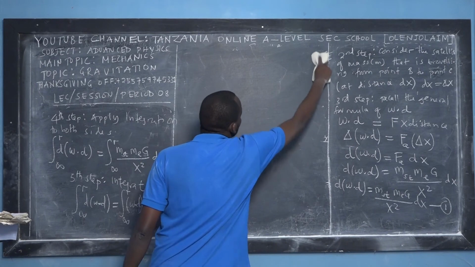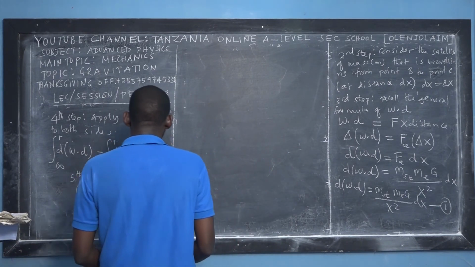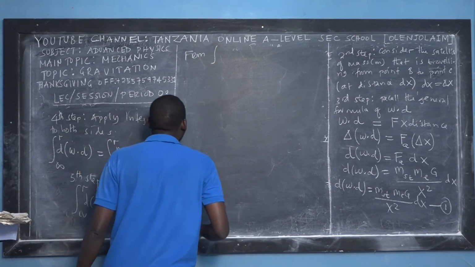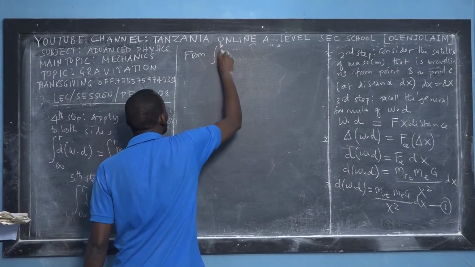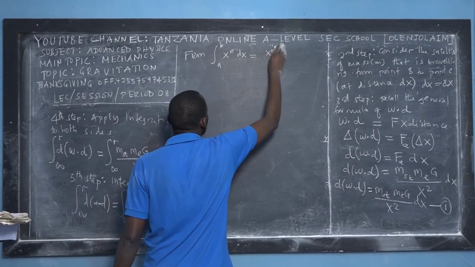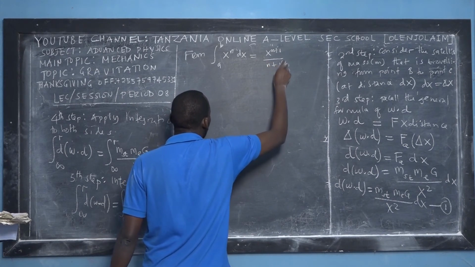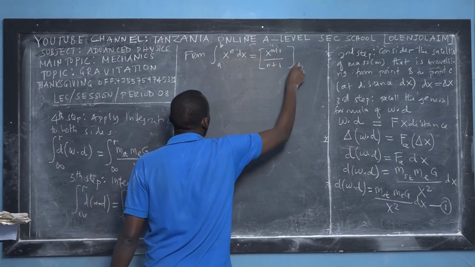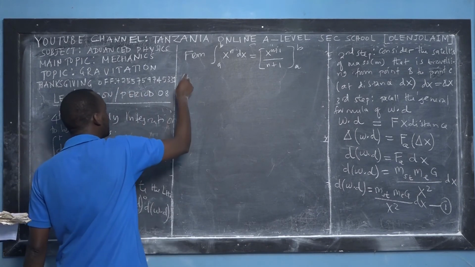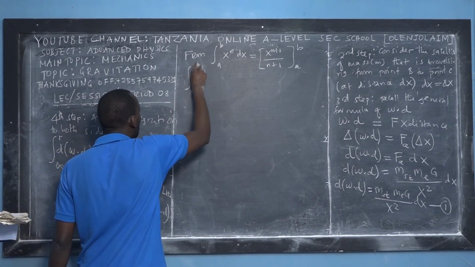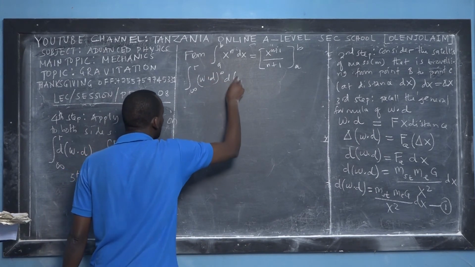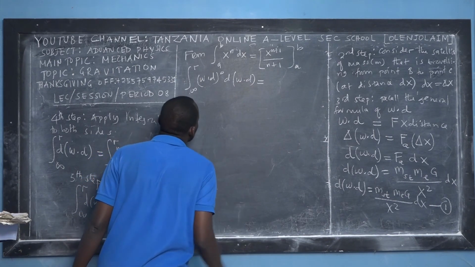Then we say that from the standard integral, the integral from a to b of x power n dx is equal to x power n plus 1, divided by n plus 1, with lower limit a and upper limit b. So the integral from infinity to r of work done power 0 d work done is equal to what?